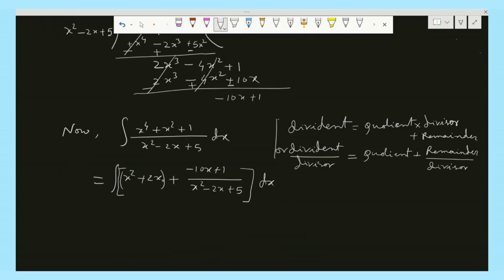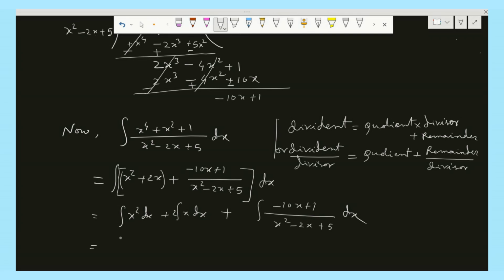Now taking it into many parts: integration of x square dx plus integration of 2x dx plus integration of minus 10x plus 1 by x square minus 2x plus 5 dx.